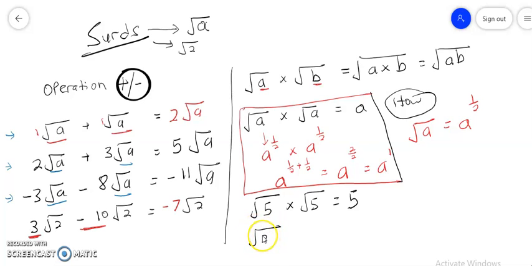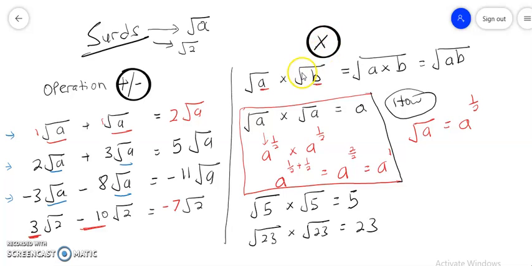Square root of 23 multiplied with square root of 23 becomes 23. This is the operation when surds are multiplied.